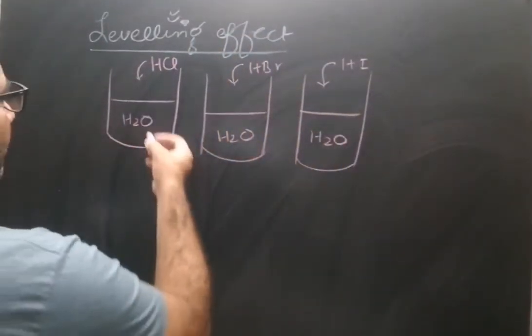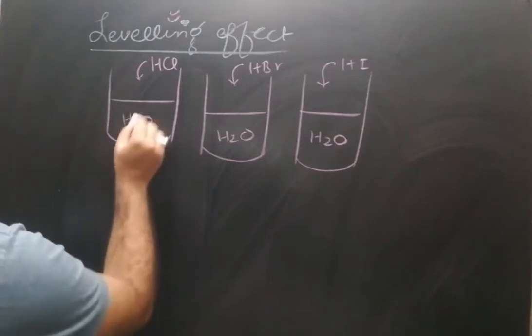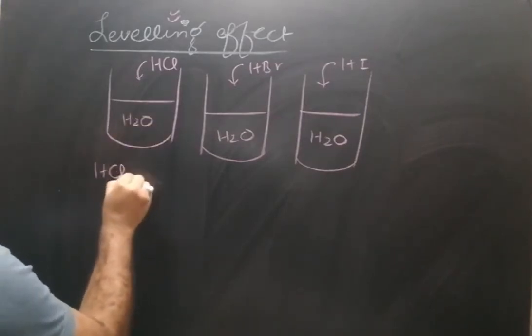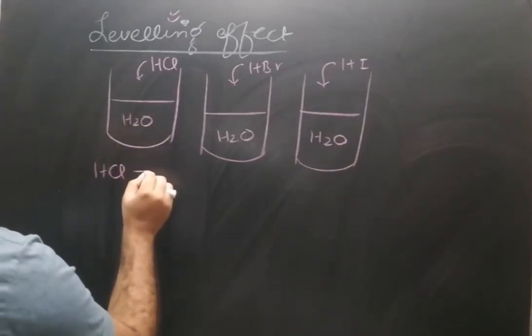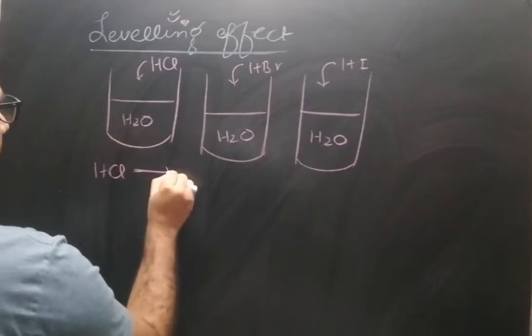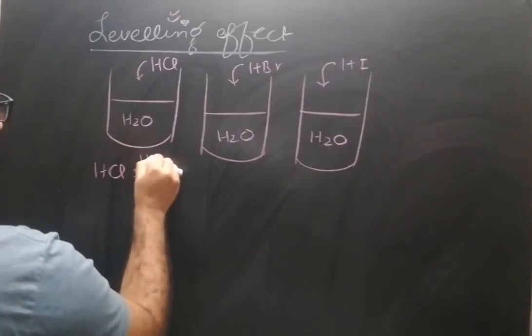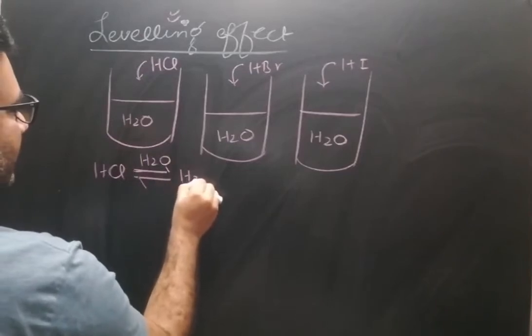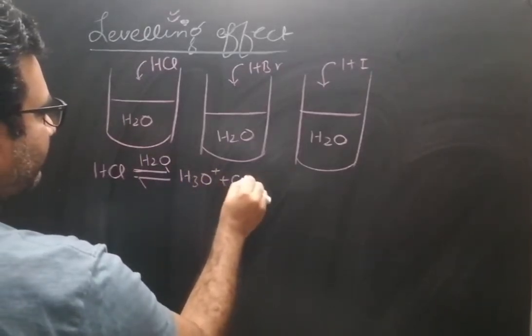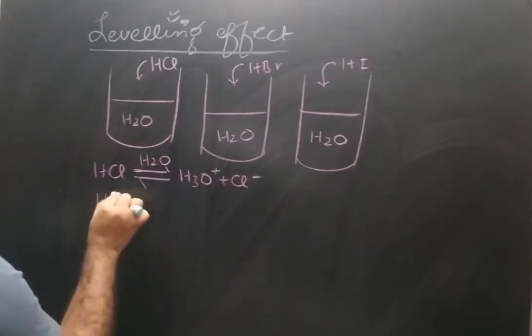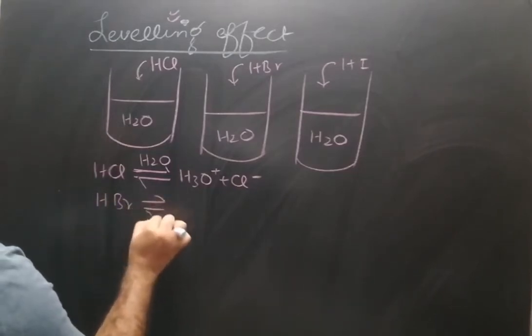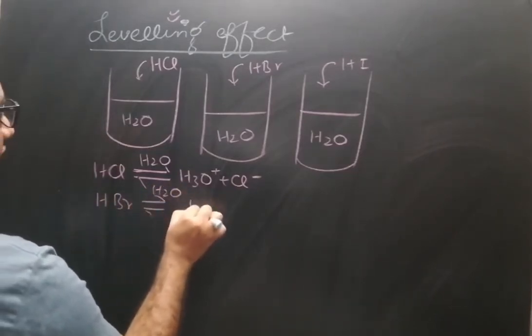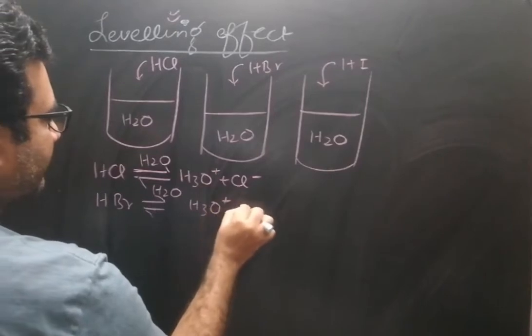Why? Because in all these 3 cases, HCl will protonate water and produce H3O+ and Cl-. Similarly, HBr will also equally protonate water to produce H3O+ and Br-.